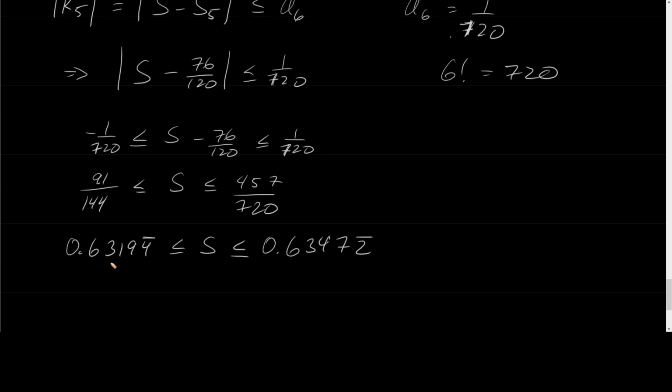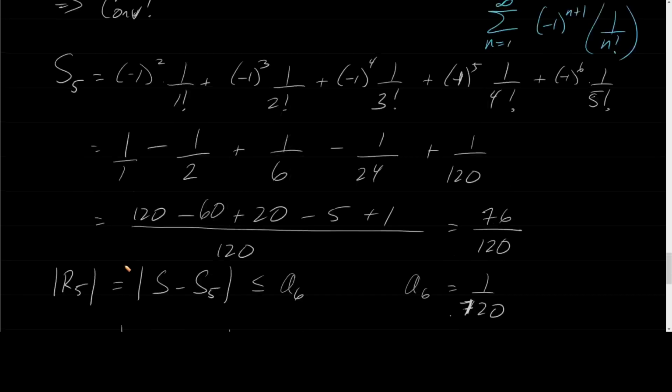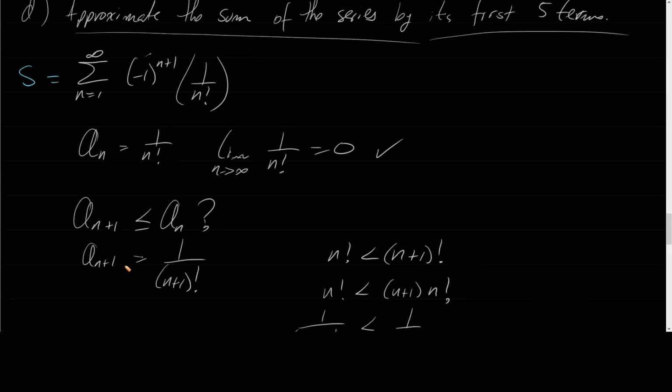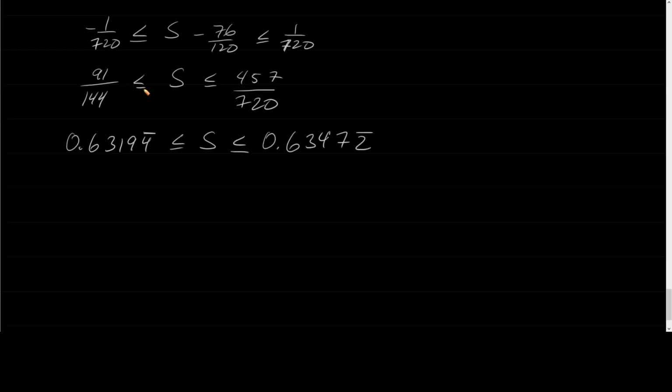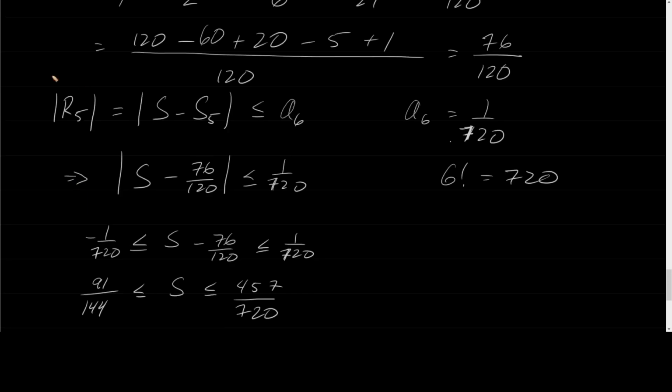Well, we found a good approximation of what this total sum is, right? This entire sum for this series. And what does it give us? Well, somewhere between these two values, all right? And our remainder, right? Our remainder was essentially less than 1 over 720, right? From here, it's less than 1 over 720.